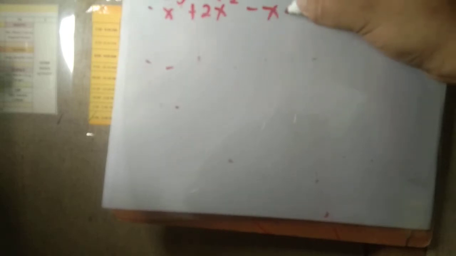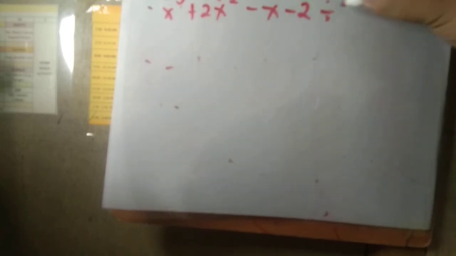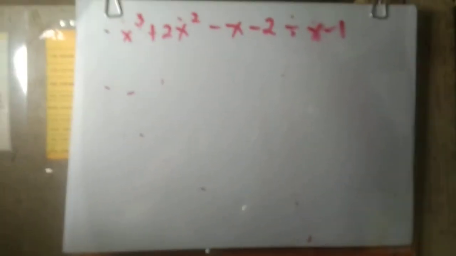So again, let me just write again the problem here. So we have x cubed plus 2x squared minus x minus 2 divided by x minus 1. Okay, so this time we will be dividing it by using the synthetic division.